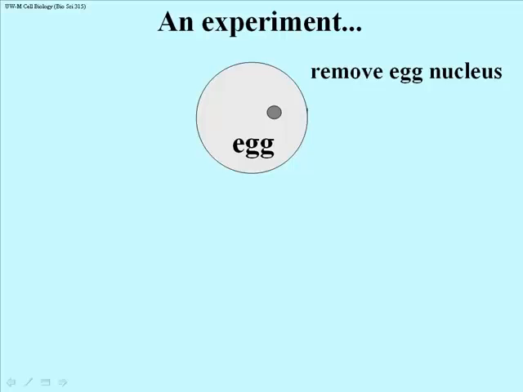You can take an egg and remove its nucleus. Let's do that. Originally it was done for a toad, a Xenopus, a relative of a frog, and more recently, of course, it's been done with higher organisms. So now we have what's called an enucleated egg, an egg without a nucleus, and we can take the nucleus of an adult cell and transplant it into the egg. And here's what happens.